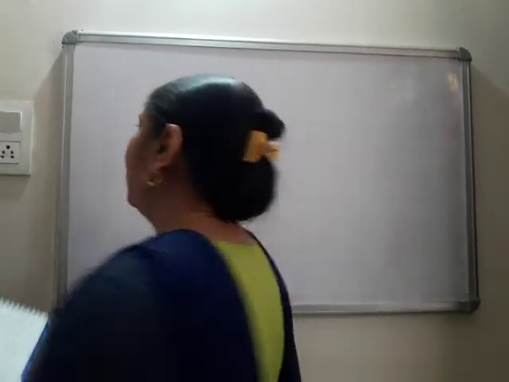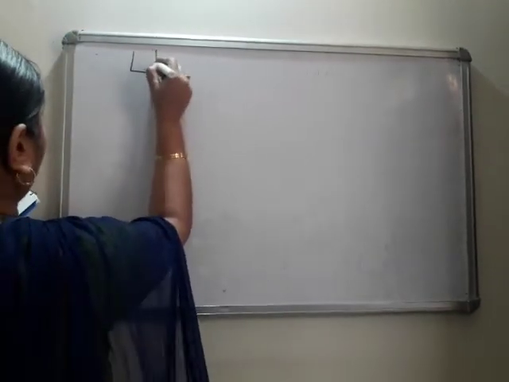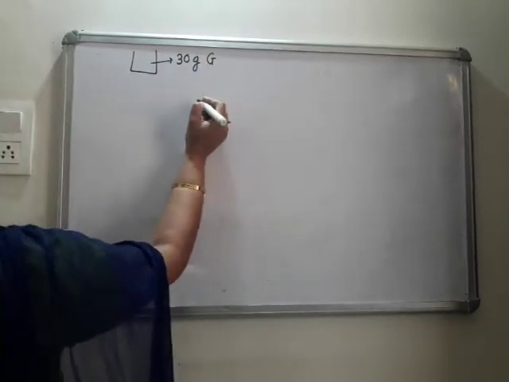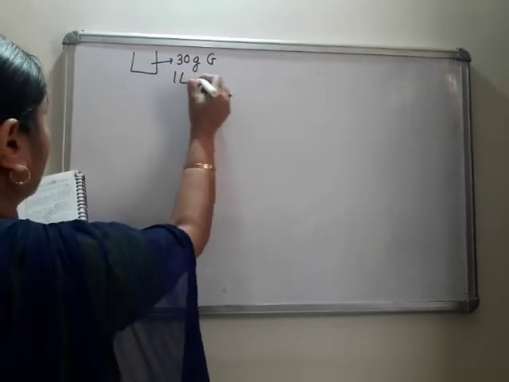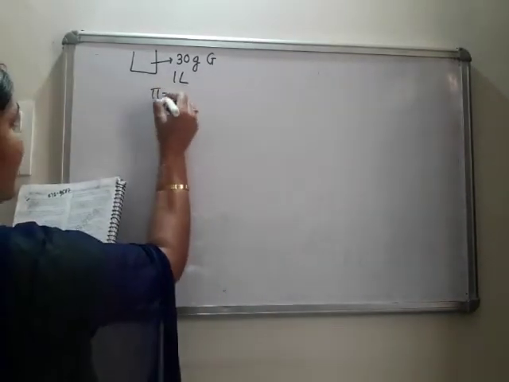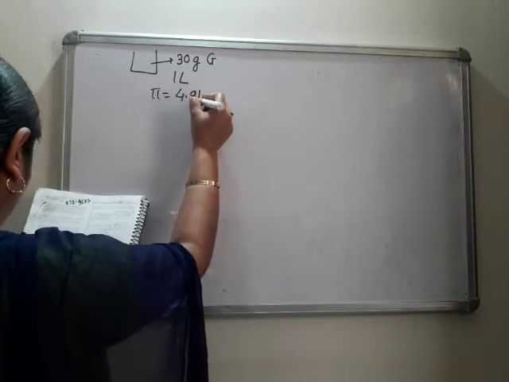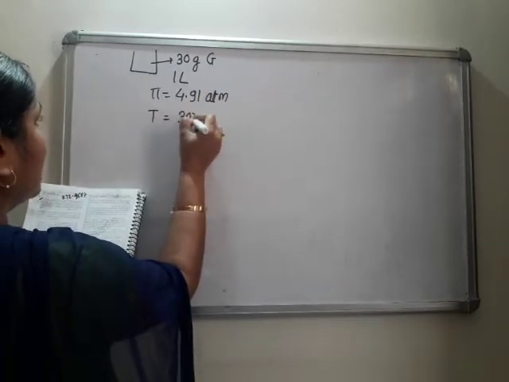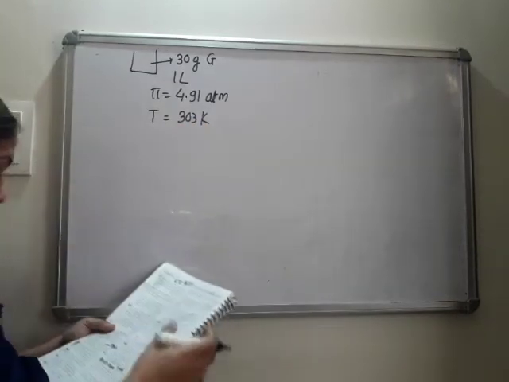See what is given. 30 gram of glucose present in 1 liter of solution have osmotic pressure 4.91 atmosphere at 303 Kelvin.